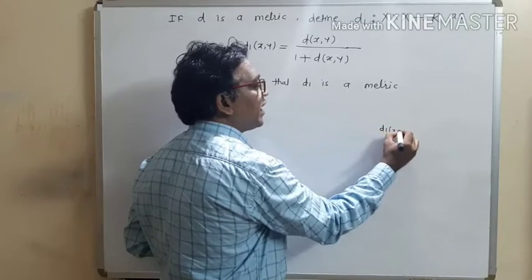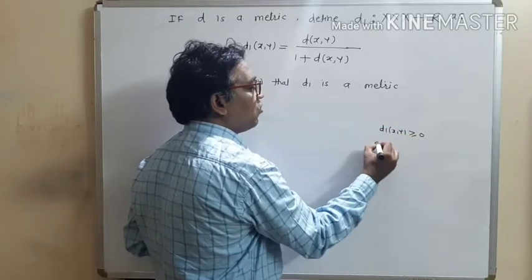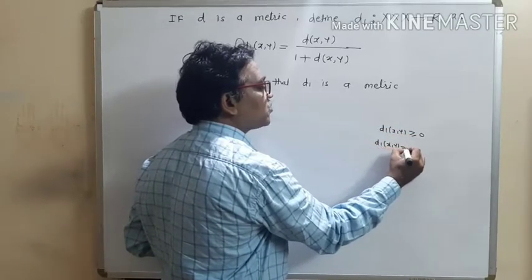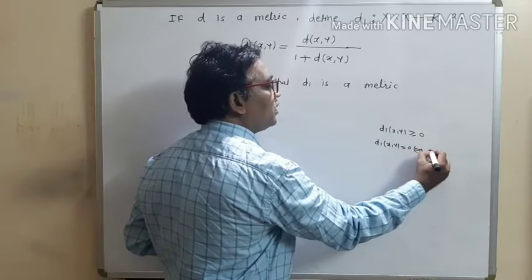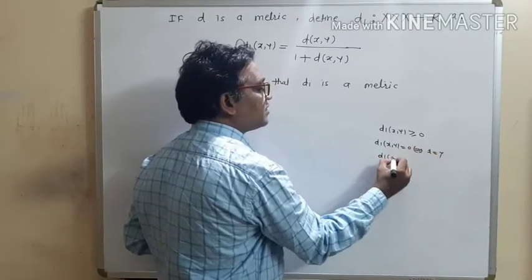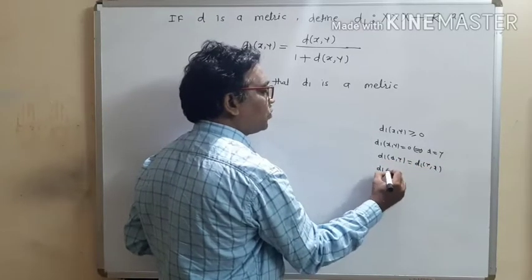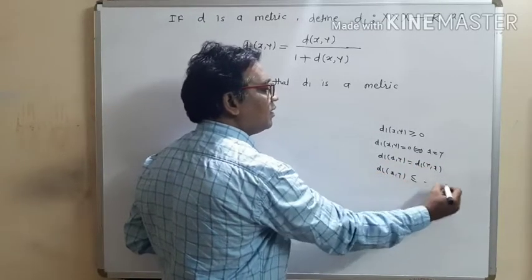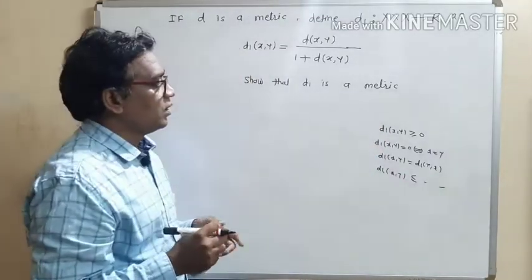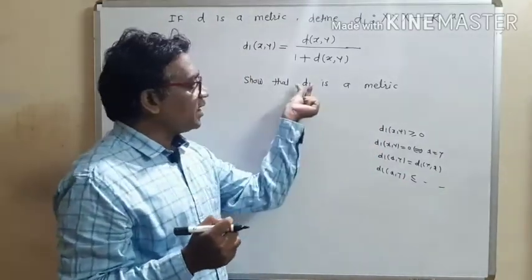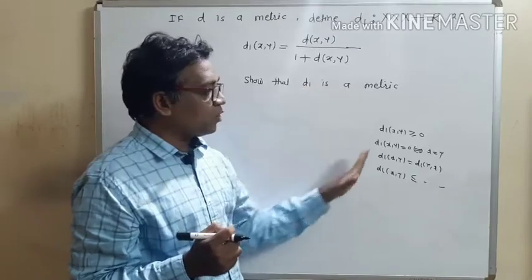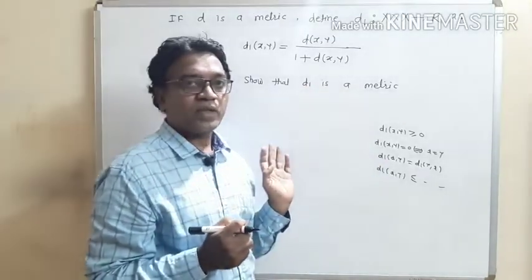Show that d1(x,y) is non-negative. What is the second condition? d1(x,y) is equal to 0 if and only if x equals y. This is the symmetric property, d1(x,y) is equal to d1(y,x), and show the fourth property, the triangle inequality property. What is the example? Show that d1 is a metric. Metric means we have to prove these four conditions.